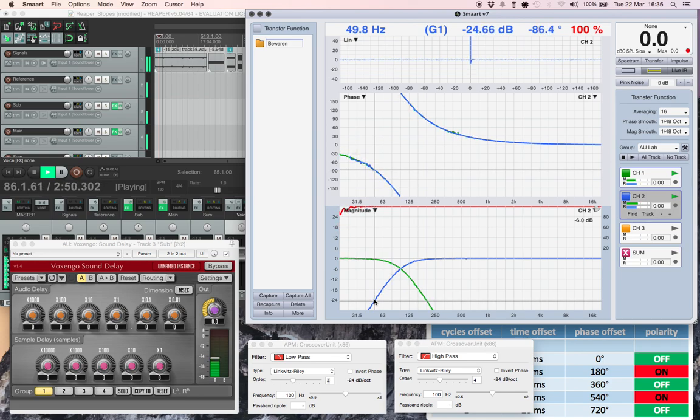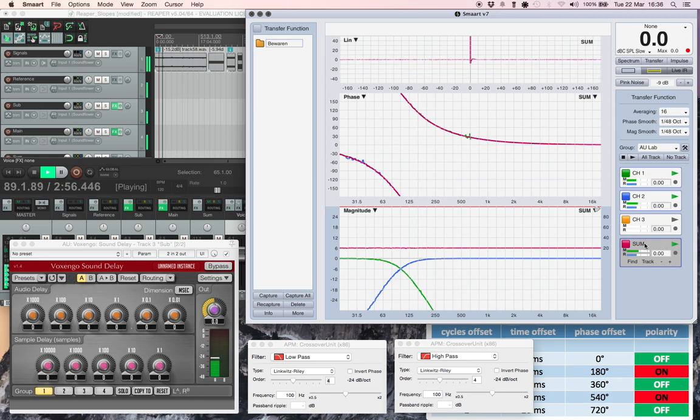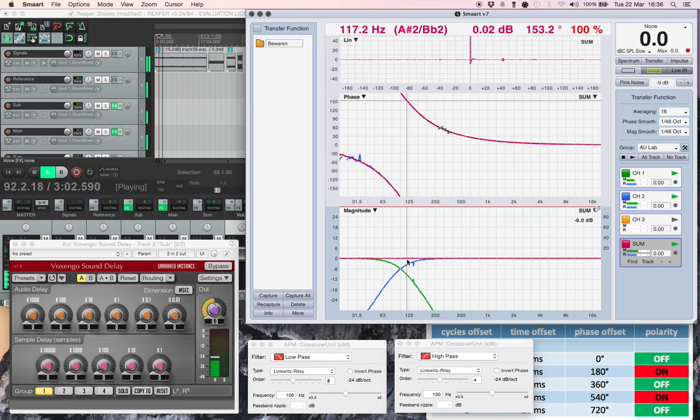So that is our textbook crossover, and if we combine these two signals together, we will see summation, and if I make them equally loud, we can see that we have a nice bridge covering this gap. Exactly what we're trying to do when we're time aligning, or more important, phase aligning our main speakers to our subwoofers.